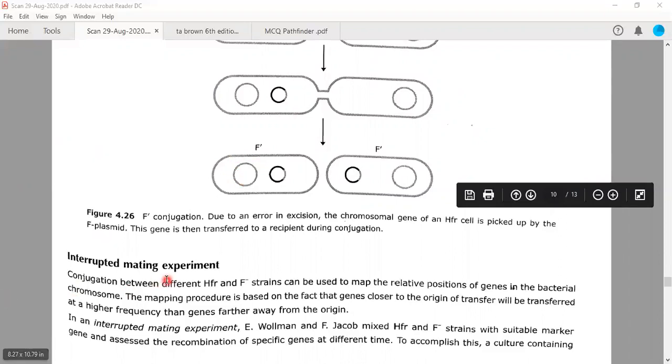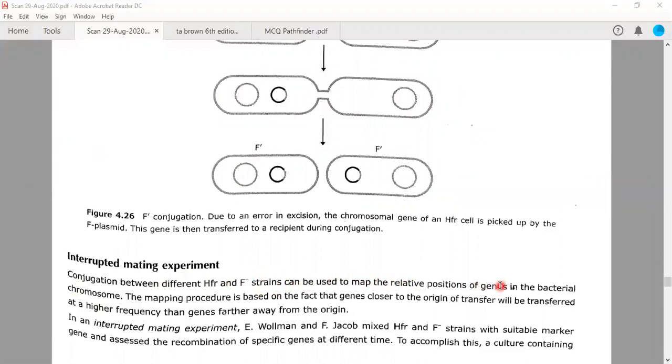So conjugation between different Hfr and F negative strains can be used to map the relative position of genes. Although gene mapping can be done by using any horizontal gene transfer method, including conjugation, transduction, or transformation.